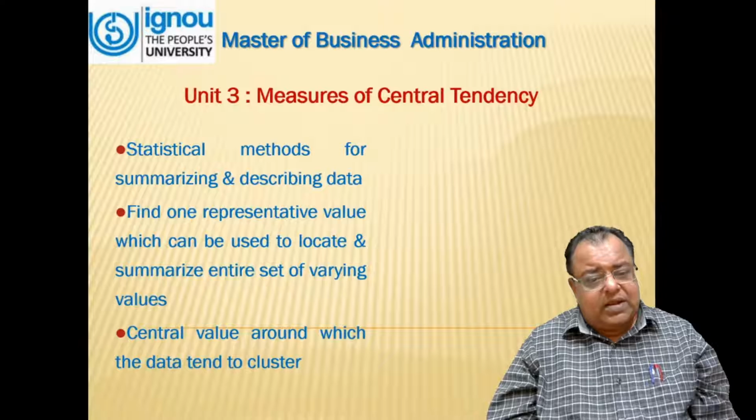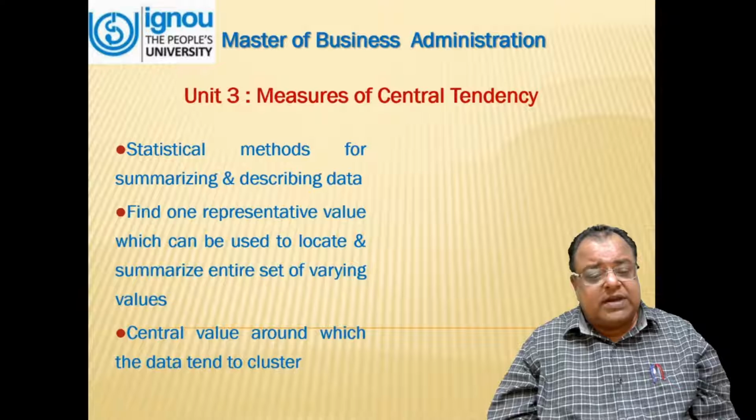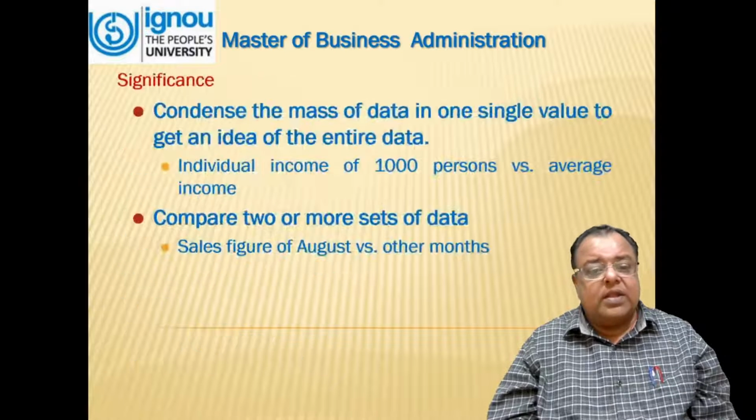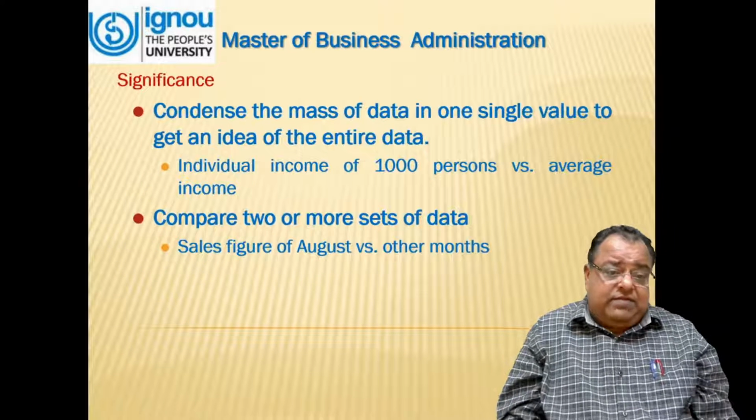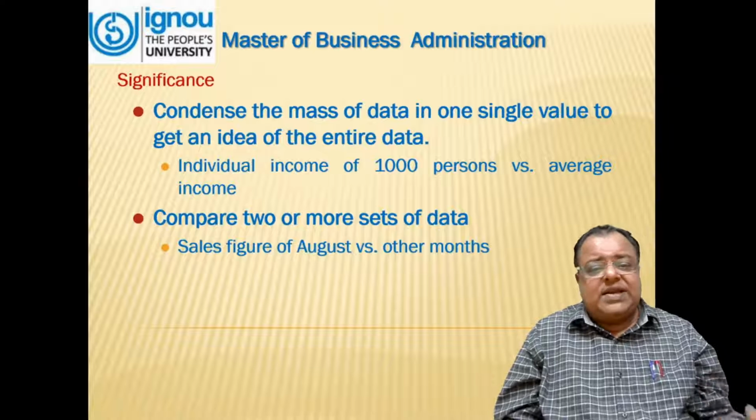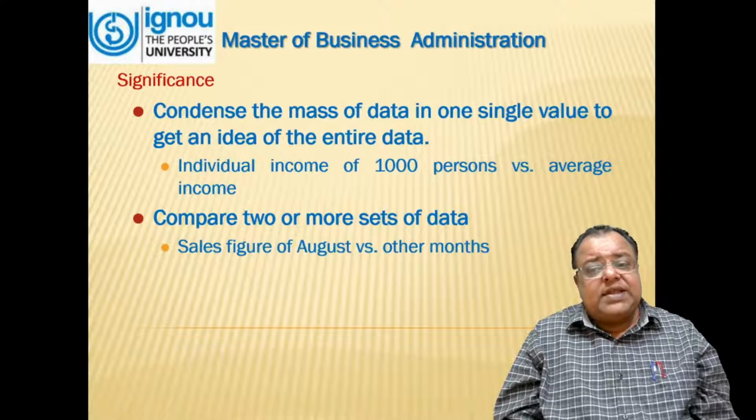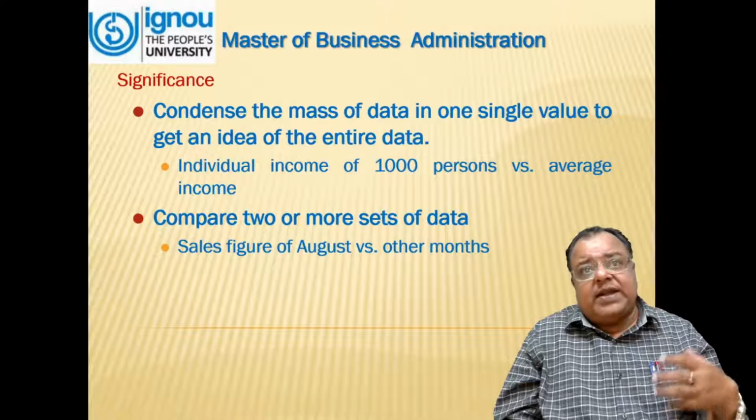We have to find one representative value which can be used to locate and summarize the entire set of varying values. It is a central value around which the data tends to cluster. What is the significance? We condense the mass of the data into a single value to get an idea of the entire data.